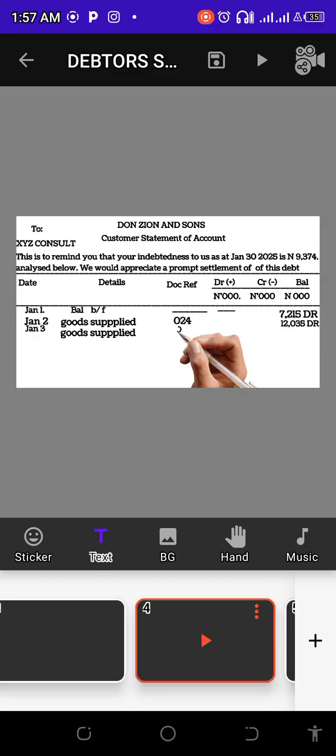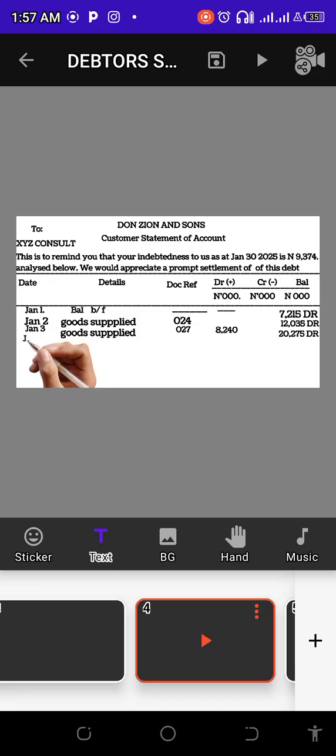On the 3rd, there's goods supply also. It's a debit balance, which is 8,240 plus 12,036. It becomes 20,275 debits. It's a debit balance.